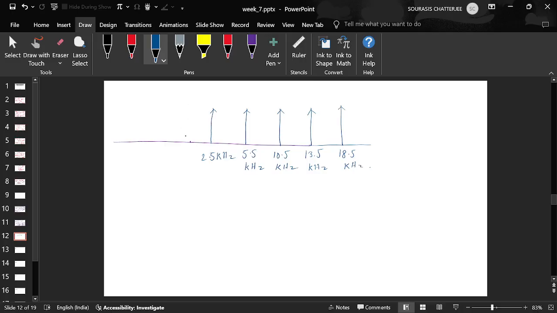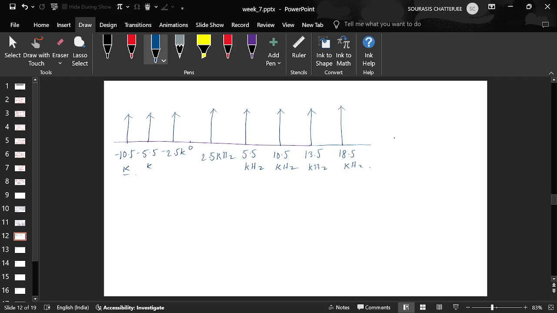This is 0. On the negative side we have minus 2.5k, minus 5.5k, minus 10.5k, and so on.